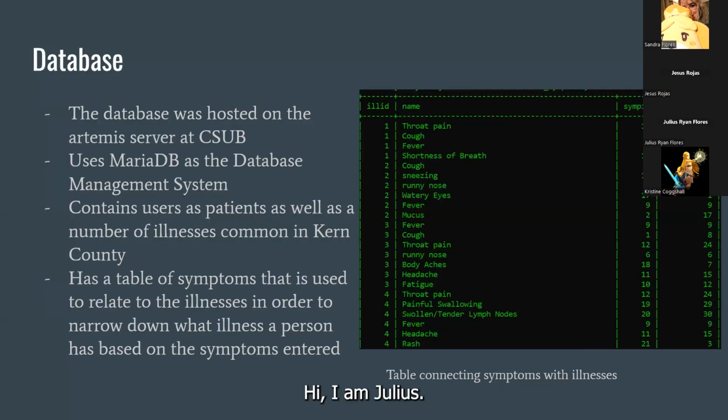Hi, I am Julius. Michael is unfortunately not here. He is the other person who worked mostly on the back end. So me and Michael clearly mostly worked on the back end.